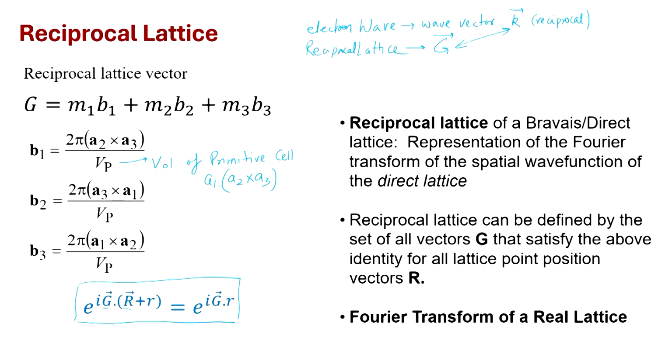Once you look at this, the primitive cell in reciprocal space, which is the Wigner-Seitz cell in reciprocal space, is called the Brillouin zone.